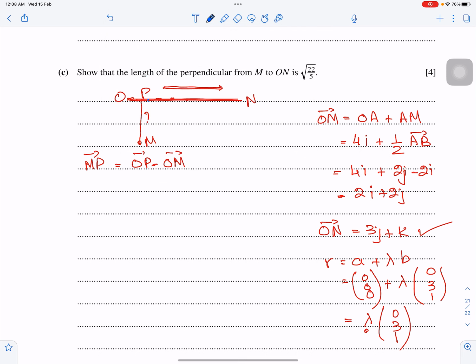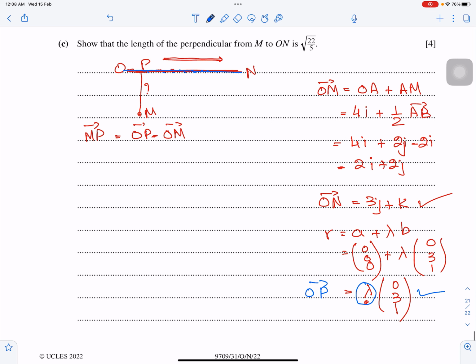On which line? On this line, right? Because when you write a general equation for ON, this change in lambda will change the position here. So basically I can say that this equation is my OP equation, right? This is the reason and understanding behind it.